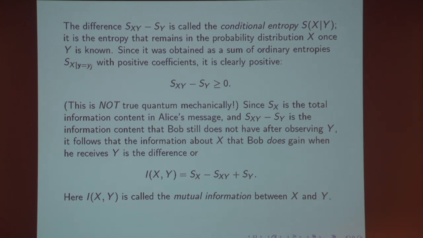In the way I presented it, it's what Bob learns about Alice's signal after he hears y. But since the formula turned out to be symmetrical, it also measures what Alice knows about what Bob heard. So it measures what we know about x by observing y, or vice versa.